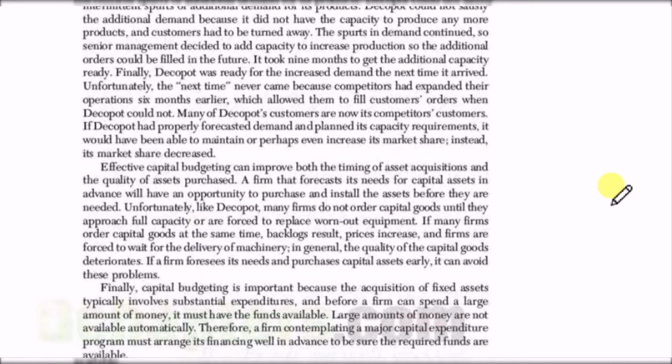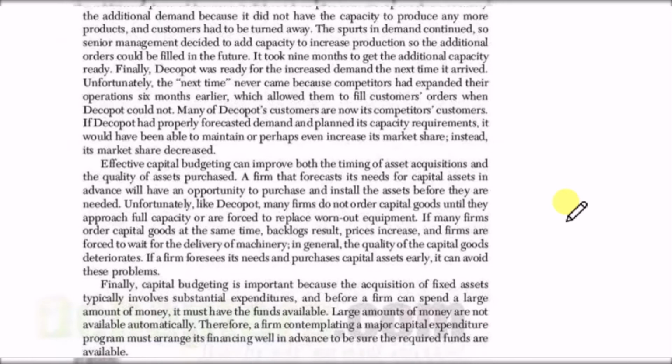So in this way, effective capital budgeting can improve both the timing of asset acquisitions and the quality of assets purchased. A firm that forecasts its needs for capital assets in advance will have an opportunity to purchase and install assets before they are needed.